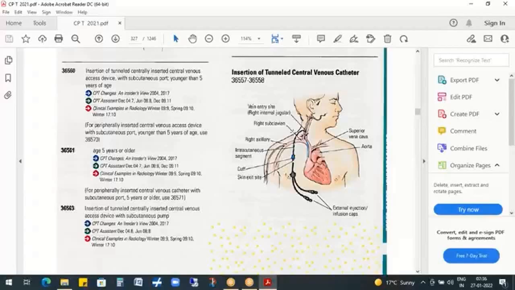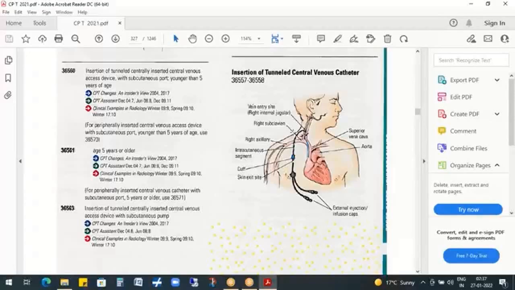Now you can check all those points. Can anyone explain all those points? What are the points we need to look for in CVAD? Age of a patient.